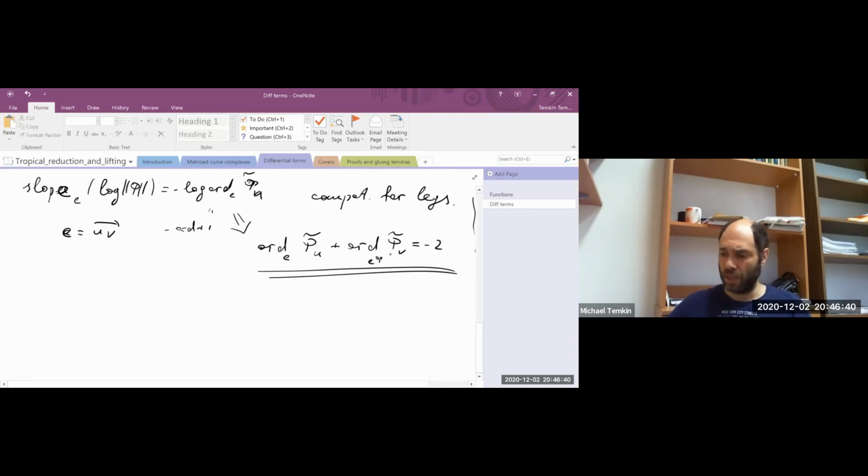So this condition is conceptually explained in this way.